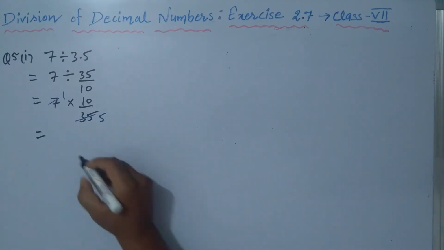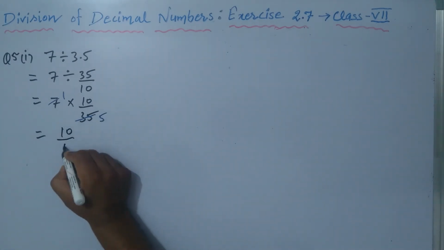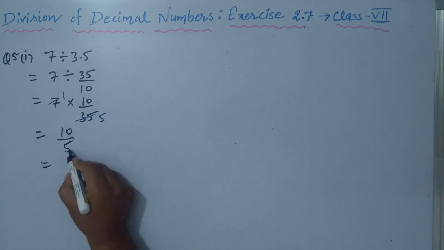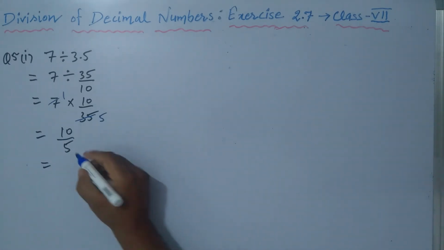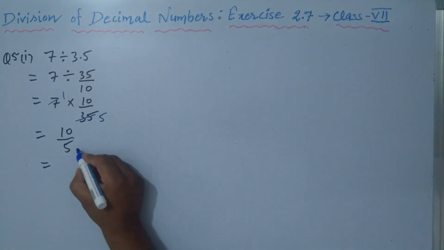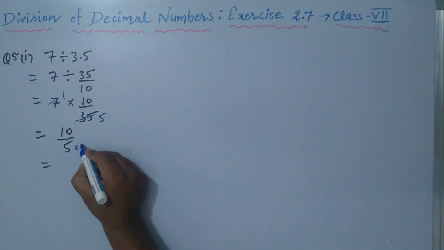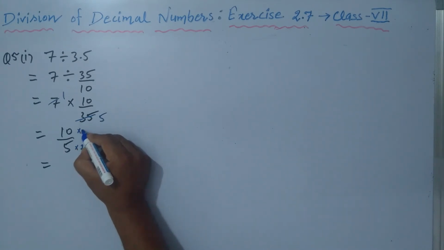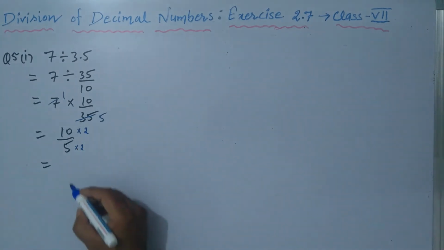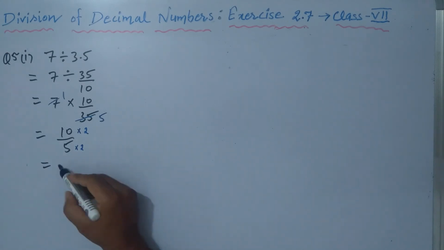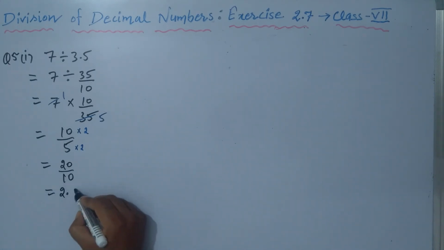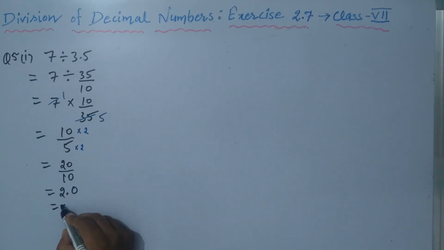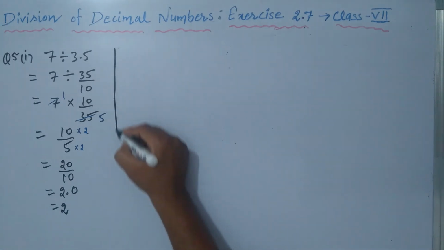So this means 10 upon 5. So in order to make this 5 equal to 10 in multiples of 10, we have to multiply by 2 in the denominator, also in numerator. So this becomes 20 divide 10. This means 2.0, which is equal to 2.